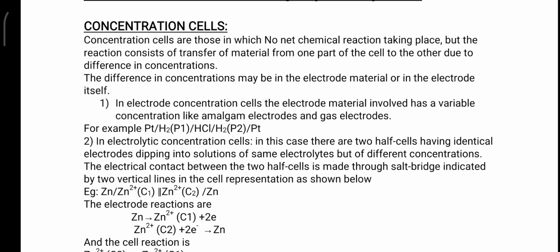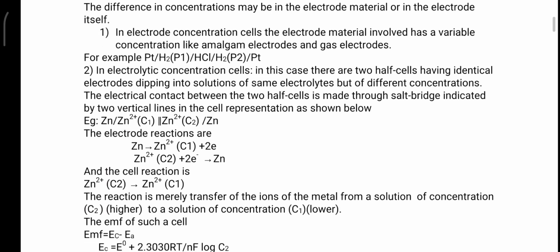The electrode reactions are: in the first half cell you can expect oxidation, in the second half cell you can expect reduction. So the first half cell acts as the anode and the second half cell acts as the cathode. Therefore the reaction at the anode can be written as zinc undergoing oxidation, that is Zn gives Zn2+ plus 2 electrons. These 2 electrons will be consumed by the ions of zinc in the second half cell, so there it becomes neutral.